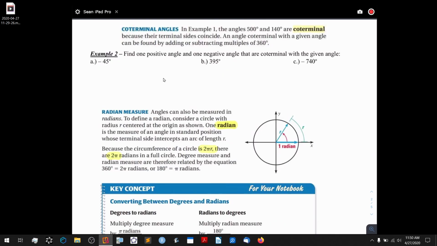Okay, and so 360 degrees. So we said if this is 0 degrees and I go all the way around, we said that's 360 degrees. And you just saw the animation there. That is the same as 2 pi radians. Okay, or 6 point something, just over 6 radians. All right. And then same thing here, you know that this is 180 degrees.